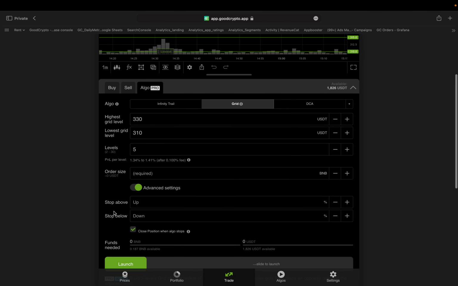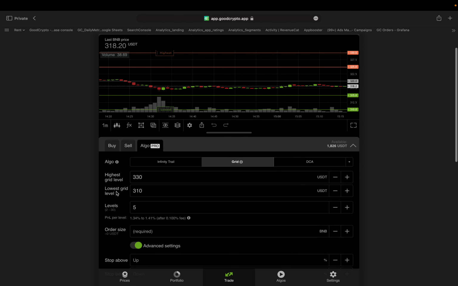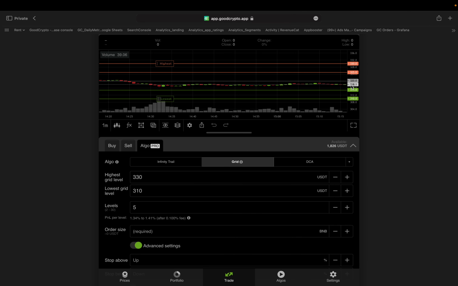So advanced settings. For now, there are only two. One is to choose the stops above and below. What that means is the price levels at which the grid will stop trading. Why do you need that? I remember if you watched the grid basics video, we were talking about how the grid has risks.